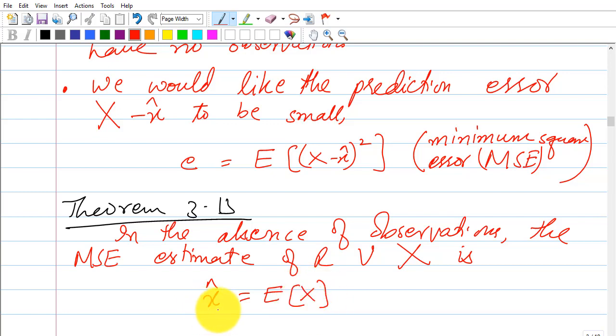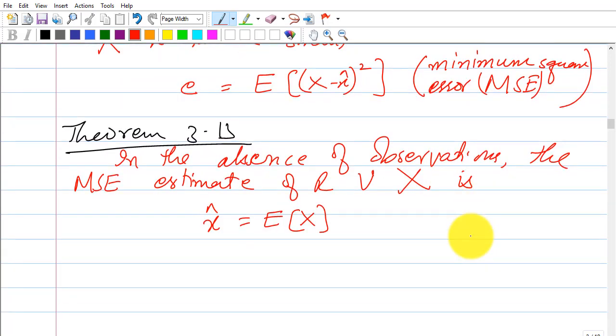Now remember that this estimate is expected value of x in the absence of observations. We can prove it very easily with a straightforward method.